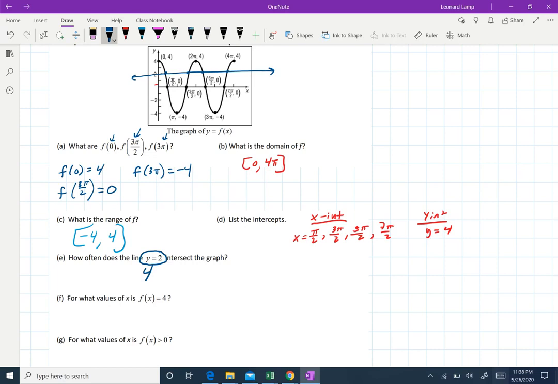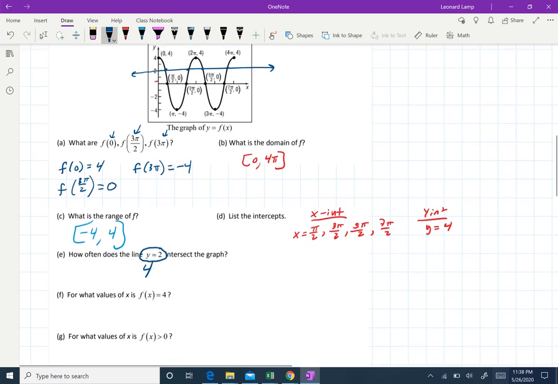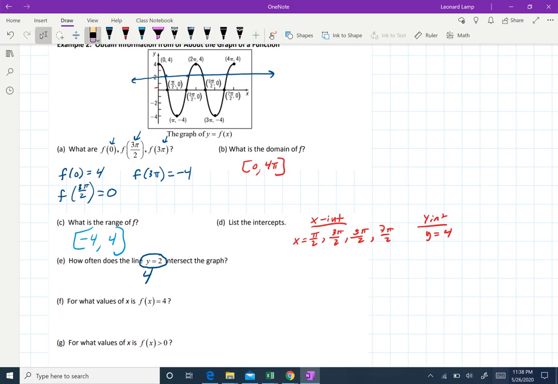Okay, so F and G happen to be the most complicated questions so far, so bear with me as I explain this. I want you to look at part A and see how we answered that question, and then part F and think about what that's asking you.